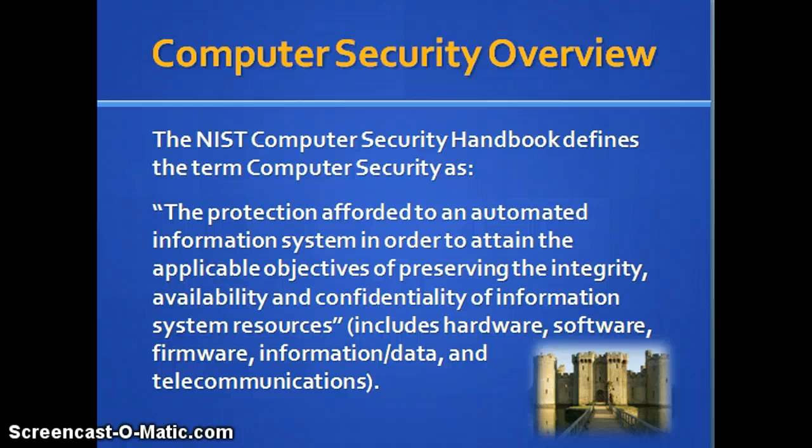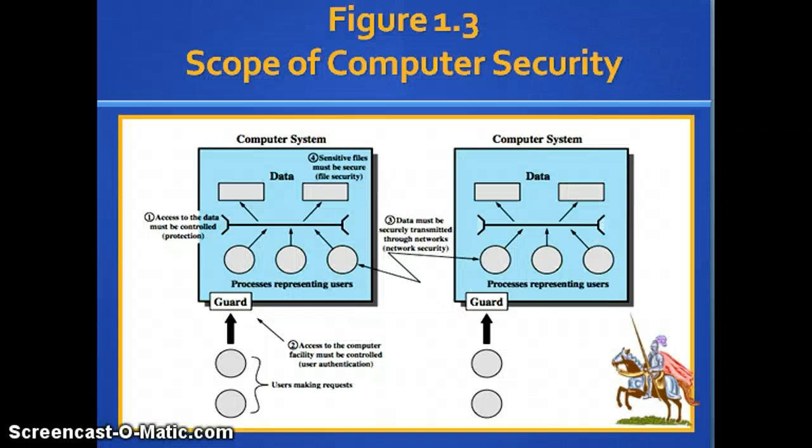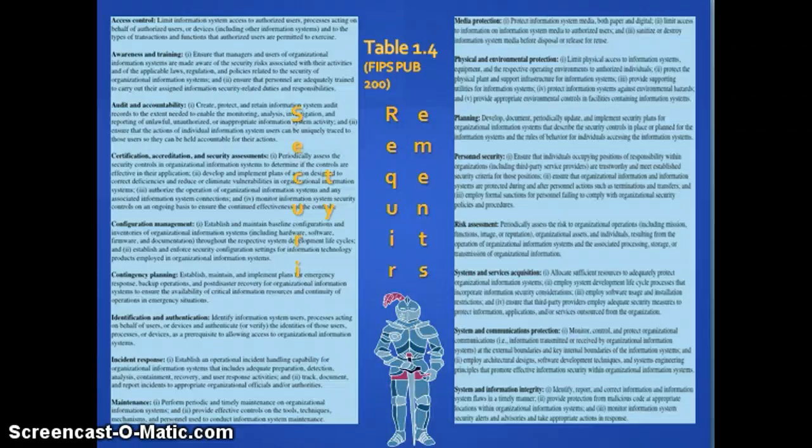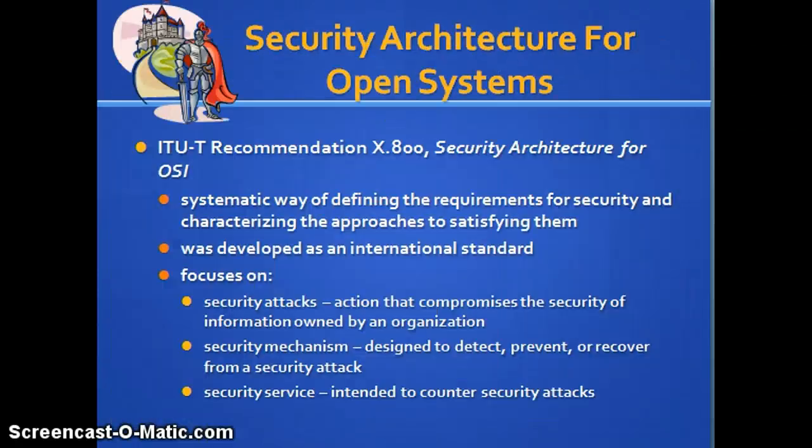Okay, let's go with the ISO standard, which is the security architecture for open systems. It looks like any standardization; the ISO standard or ITU recommends an architecture for security.